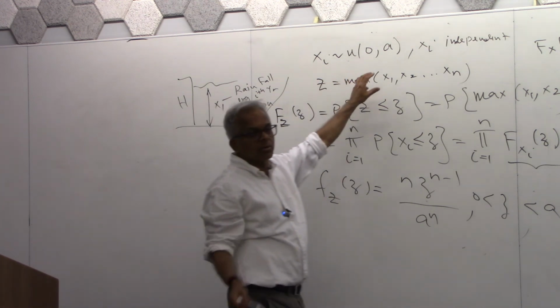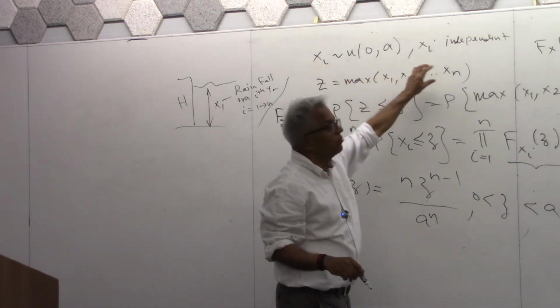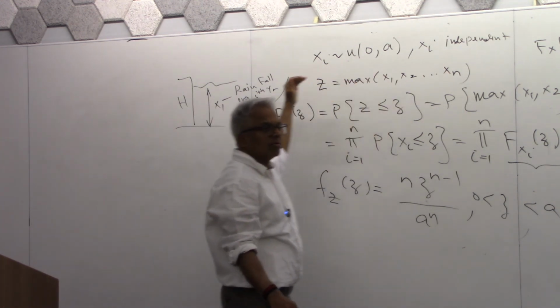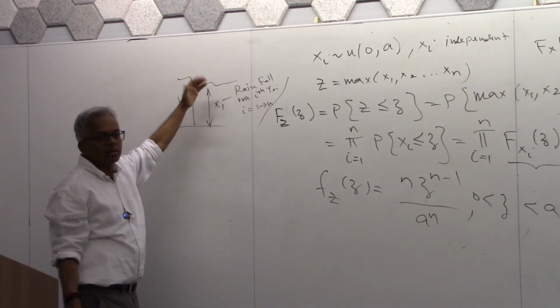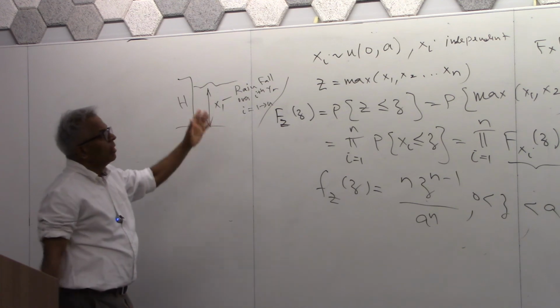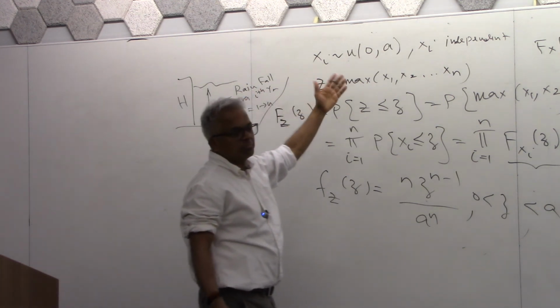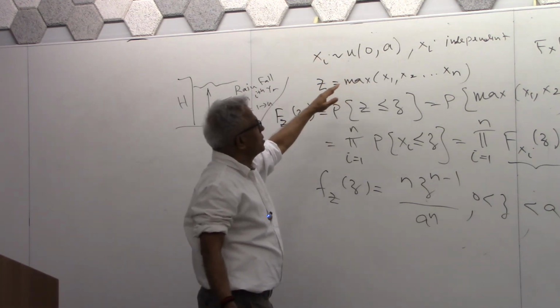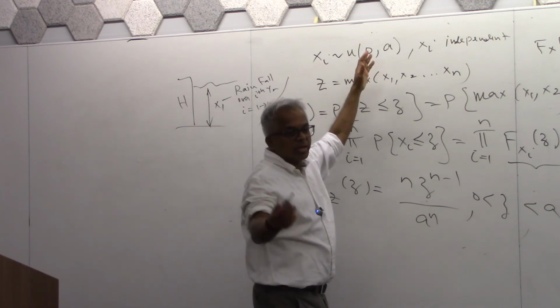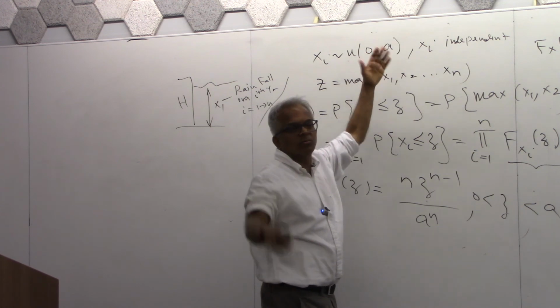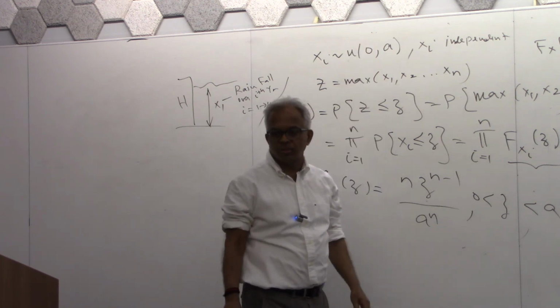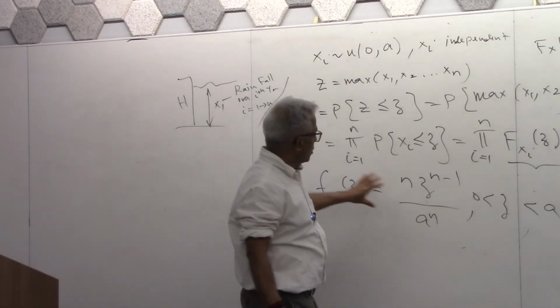You don't know. So you can look at the data and see for the last 100 years what was the rainfall here. How high was the level? So maybe somebody has noted. And if you assume that rainfall is, you take the worst case and say the rainfall is uniform in that 0 to whatever, let's say 20 feet or something, or 30 feet.